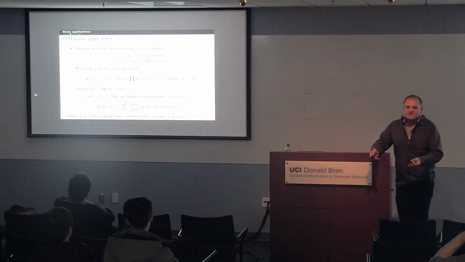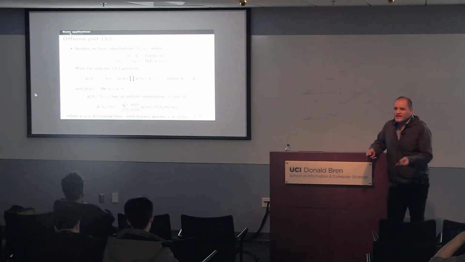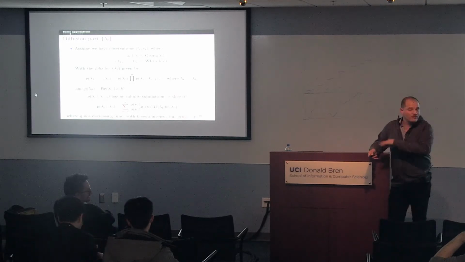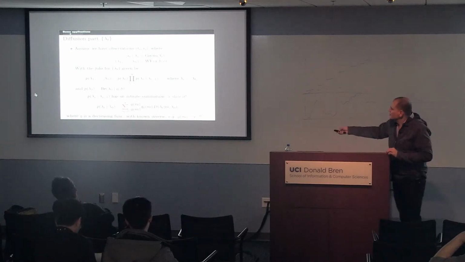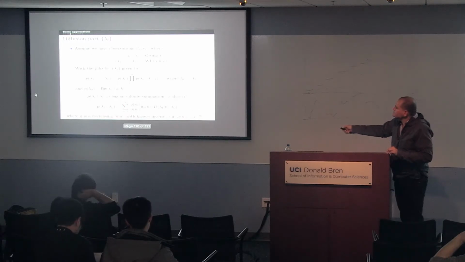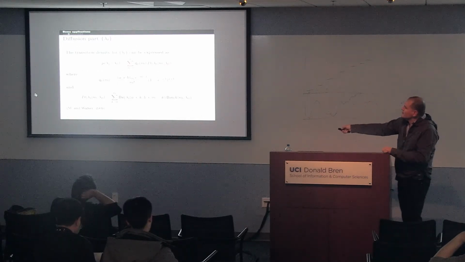In a diffusion process, in a Markov process, that's the transition density. If you know the transition density, then this estimation is very simple. If you don't know the transition density, then it's very nasty. In the case of the Wright-Fisher model, the transition density is not very easy, but it can be decomposed in this way.